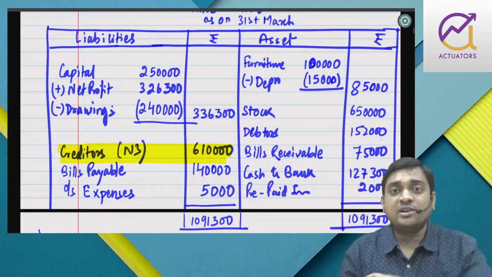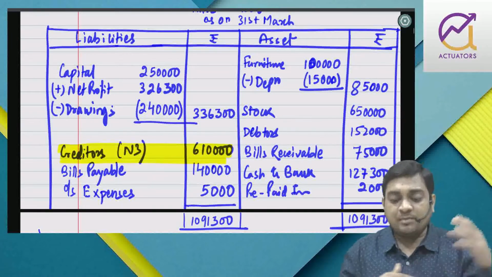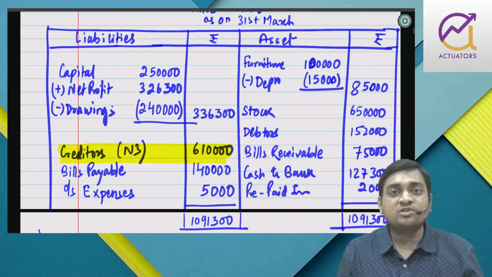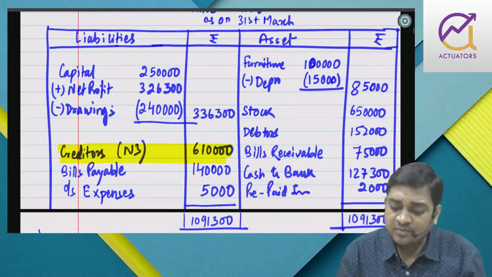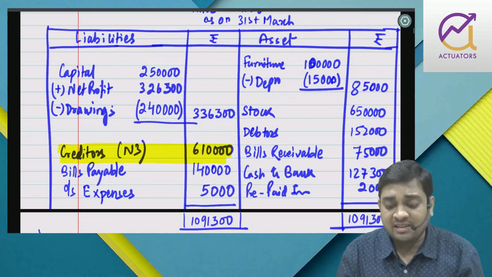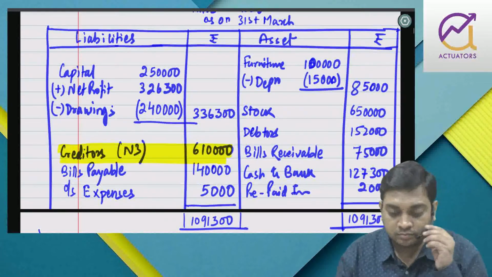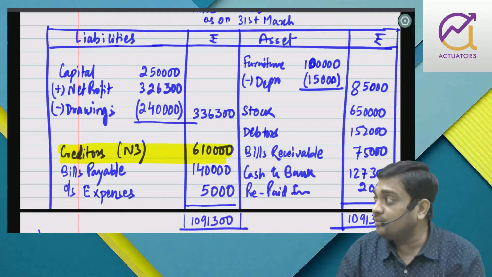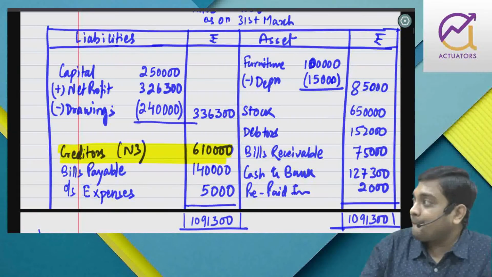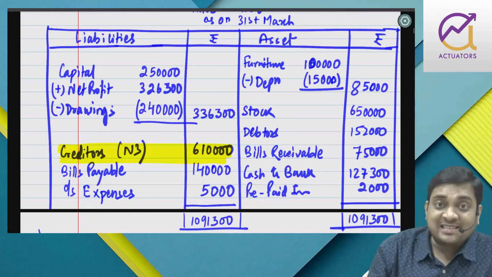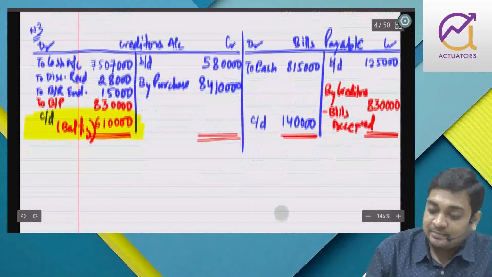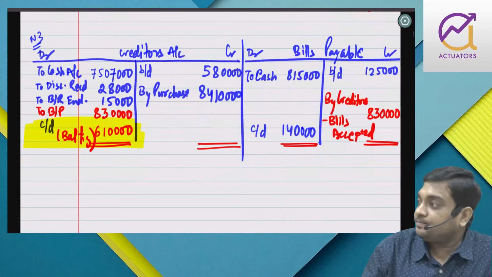And if you refer to any book, you will find that first they are preparing various notes, working notes, accounts, and then they start the problem. I don't feel like doing it that way. It's better that whatever is missing, that only I prepare, right? So you can see the solution. It's 6 lakh 10 and we got 6 lakh 10 only, right?